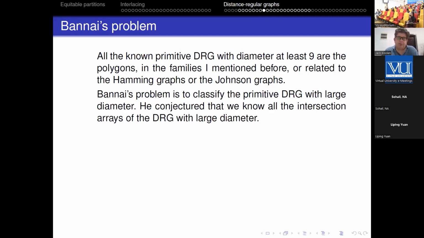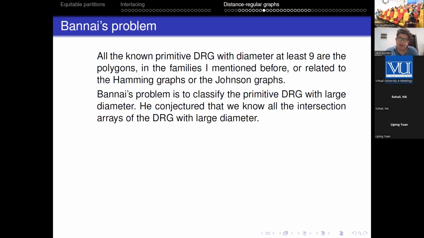So a nice problem I will discuss now. All the known primitive distance regular graphs with diameter at least 9 are the polygons, the graphs in the families I mentioned before, or related to the Hamming graphs. So you can have the halved cubes or the folded cubes and the folded halved cubes, and you can have the folded sums.